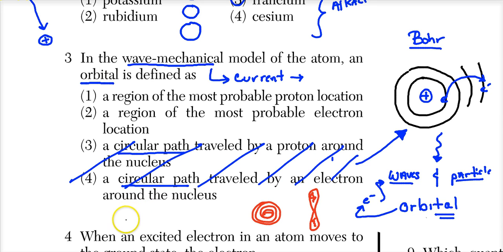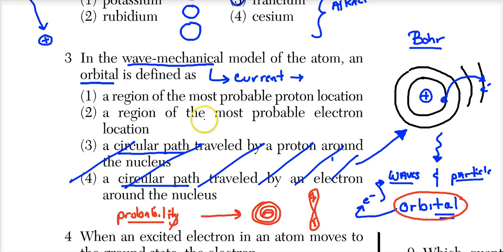So in any case, it's probability. So you hear the word probability to explain the behavior. And we talk about standing waves, and you hear the word orbital. Those are all your keys to understanding the wave mechanical model.